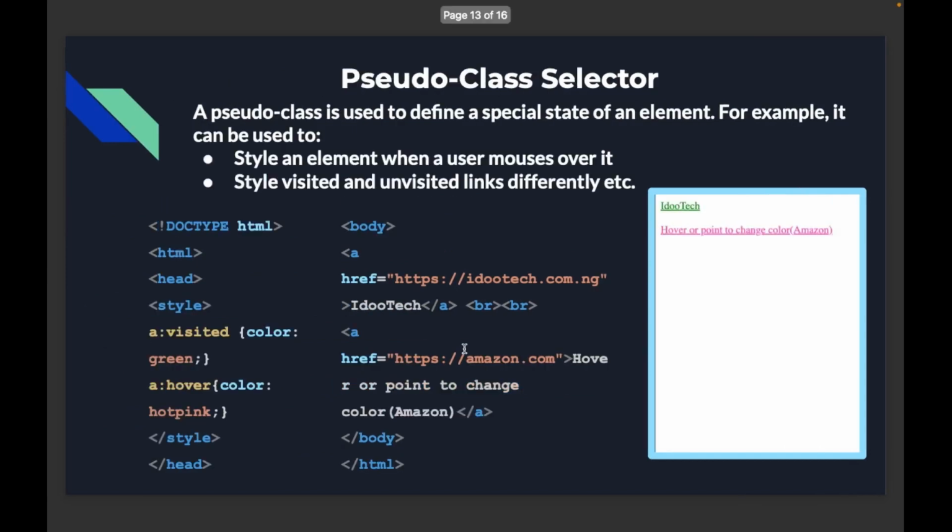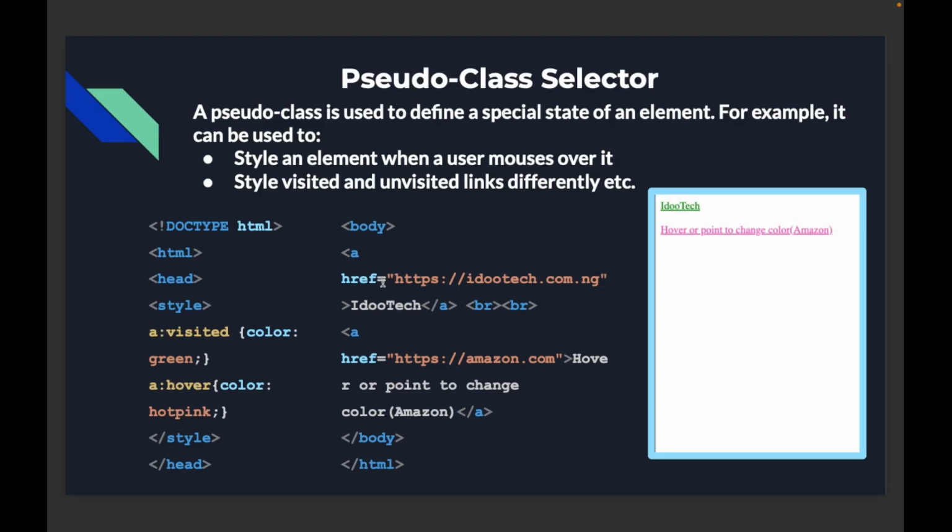And we have pseudo class selectors. Now, pseudo class selectors allow us to define a specific state of an element. So, for example, when you mouse over an element, how you want to style a visited or unvisited link, or when you click on it, how you want it to behave. You can see this colon here, right?